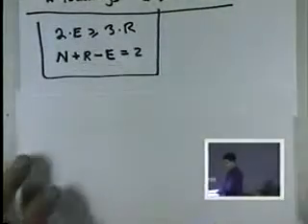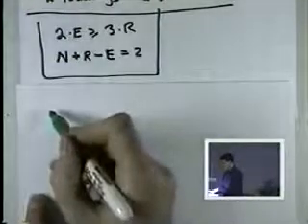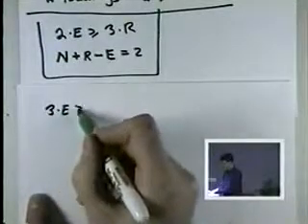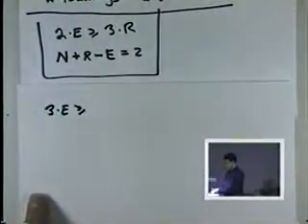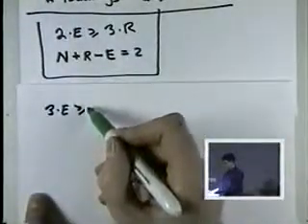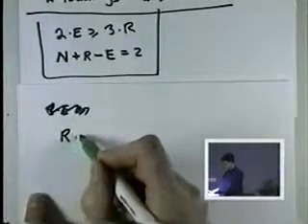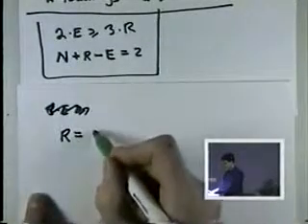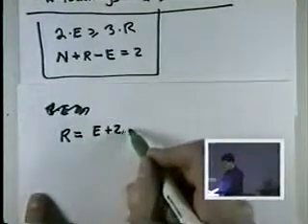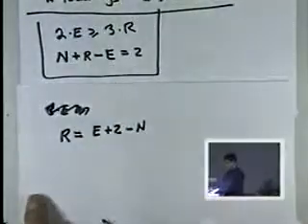So let's do this: R equals E plus 2 minus N, just moving this stuff over.